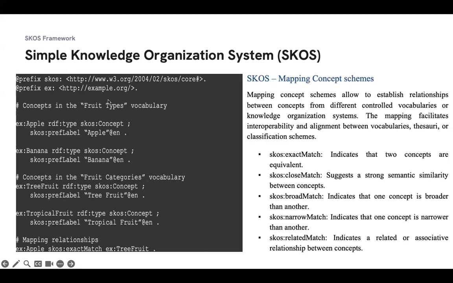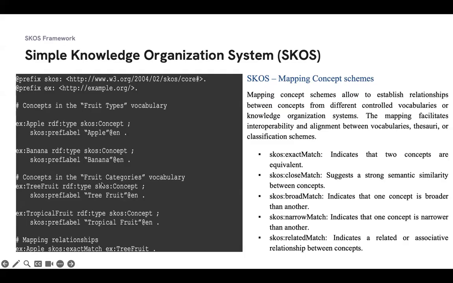So these are two types of vocabulary, and there's no doubt that there could be some match between both. Here we define two kinds of fruits in the fruit type vocabulary. Imagine person A who has the fruit type vocabulary. In his vocabulary, he defines apple as a concept and banana as a concept.